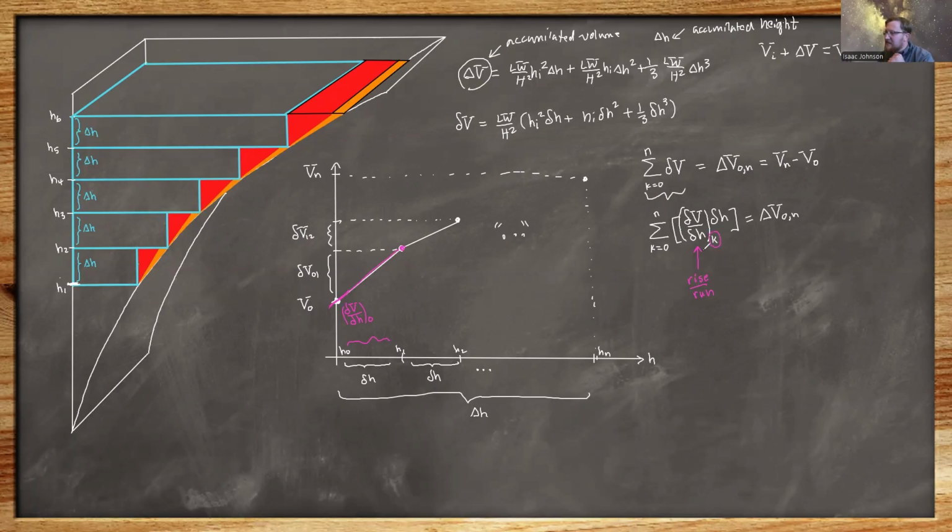That's what the sub K is. It's like, hey, just plug in whatever point you're interested in the slope at. This will give you that. And then the delta H is a run. So really, dV over dH sampled at some point times that step forward just gives you a linear interpolation between 2 points of known change in volume, is what that gives us.